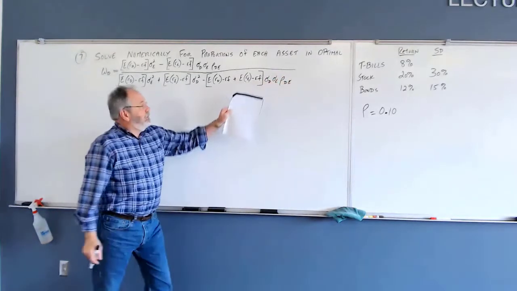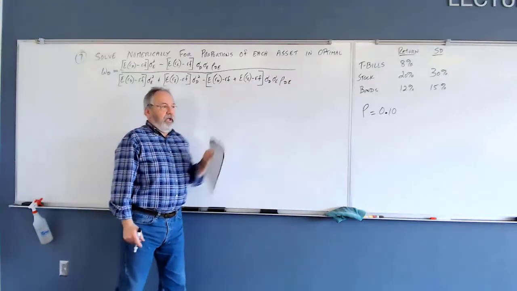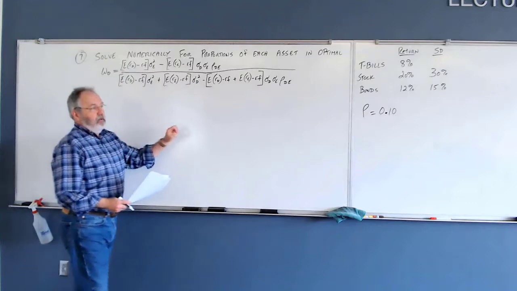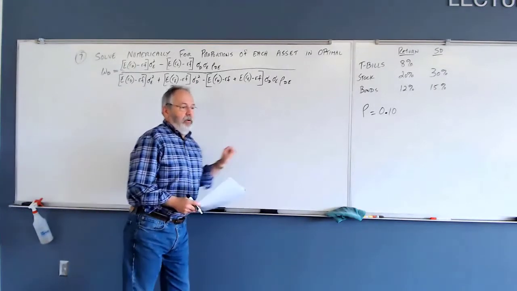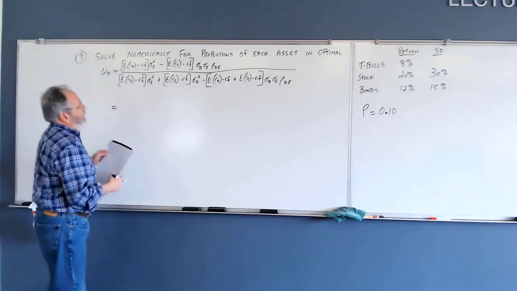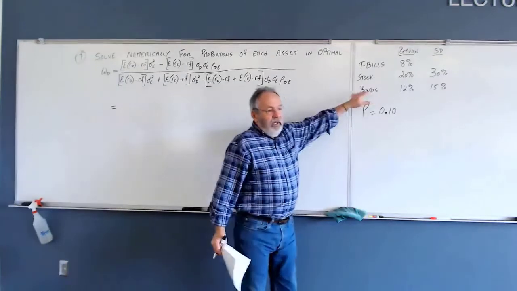And again, correlation, sigma debt, sigma equity. Okay, so that's our formula to figure out the amount of each asset in the optimal portfolio. Let's plug in our numbers. You have all the information over here.